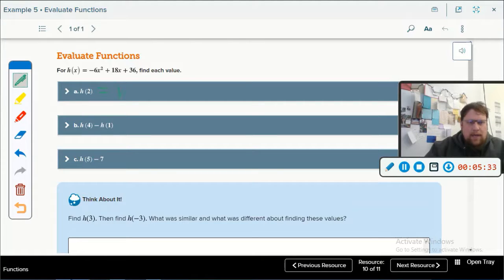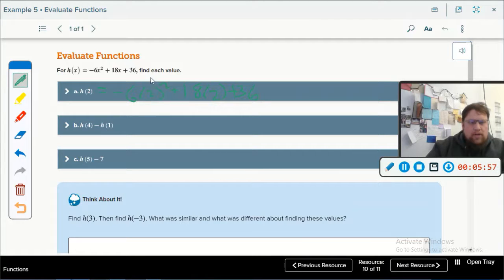This equals negative 6, and instead of x, I'm going to put 2. And it's 2, but don't forget 2 squared, plus 18 times 2 plus 36.